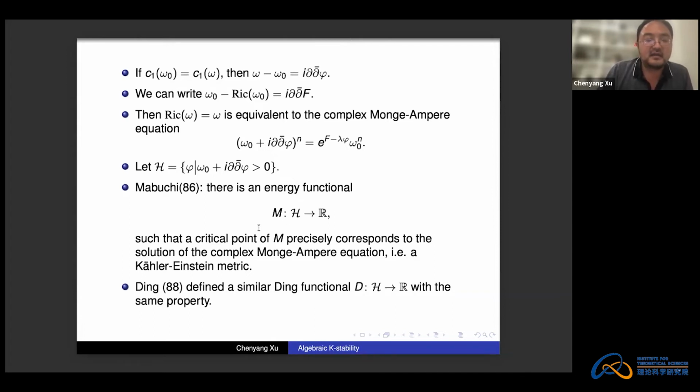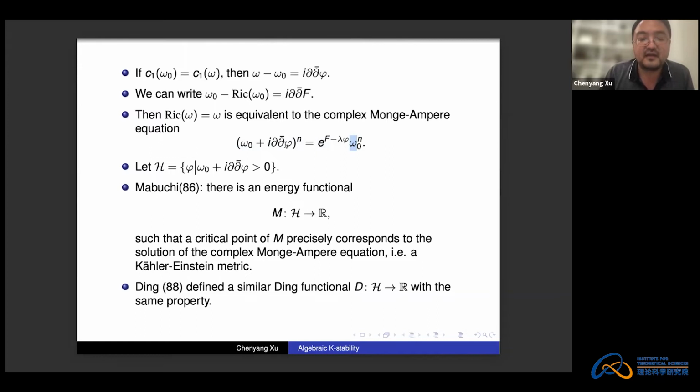And now, if you write down Ric omega equal to omega, using this omega_0 and this phi and f, it will become a complex Monge-Ampère equation, which is of this form. So in other words, to solve this Kähler-Einstein metric, it's equivalent to find, I mean, here f is given, omega_0 is given, the only undetermined thing is the phi.